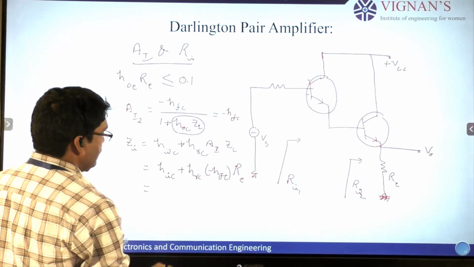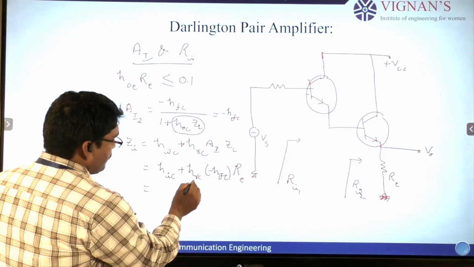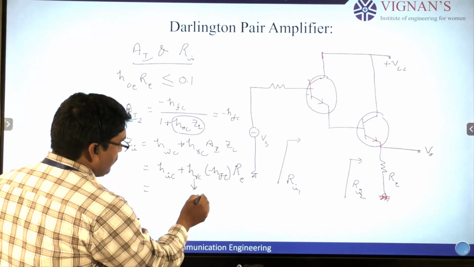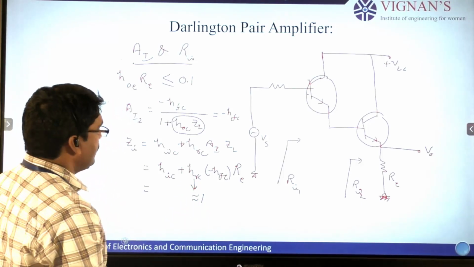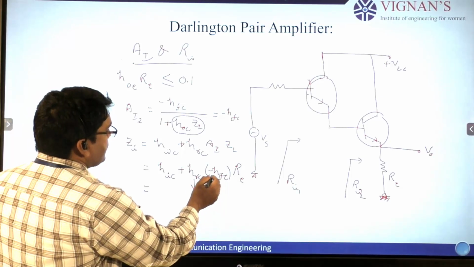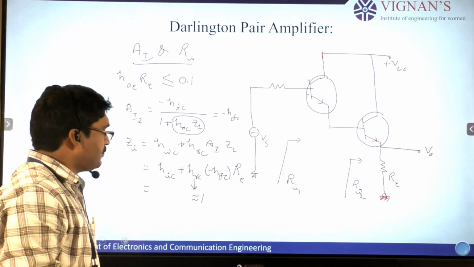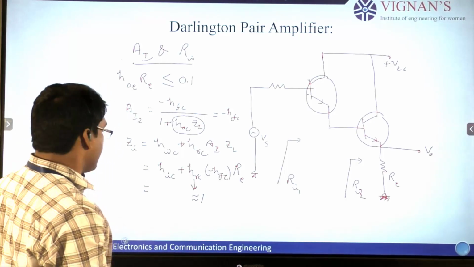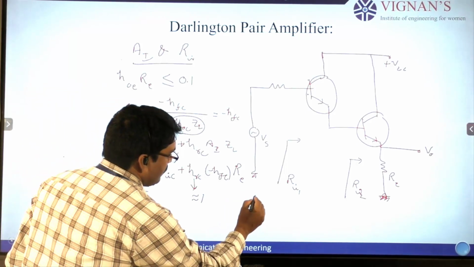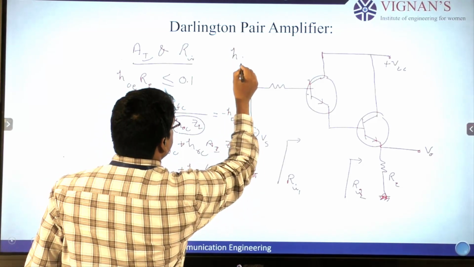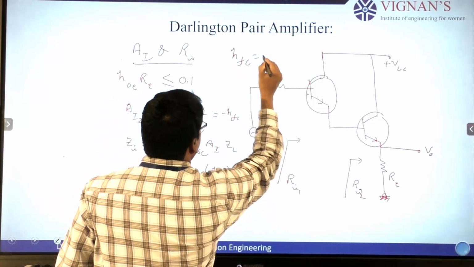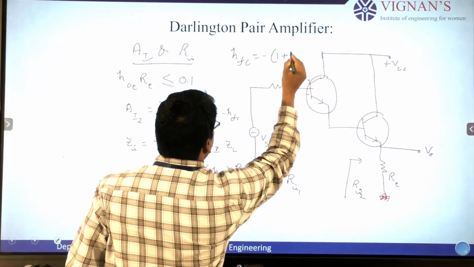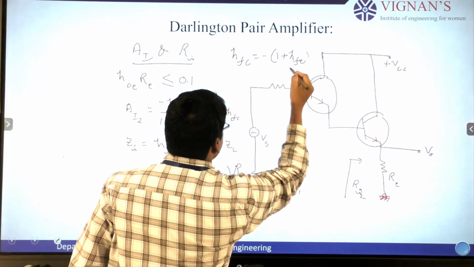But here the hrc value is approximately equal to unity, and the relation between hfc and hfe is hfc equals minus of 1 plus hfe.